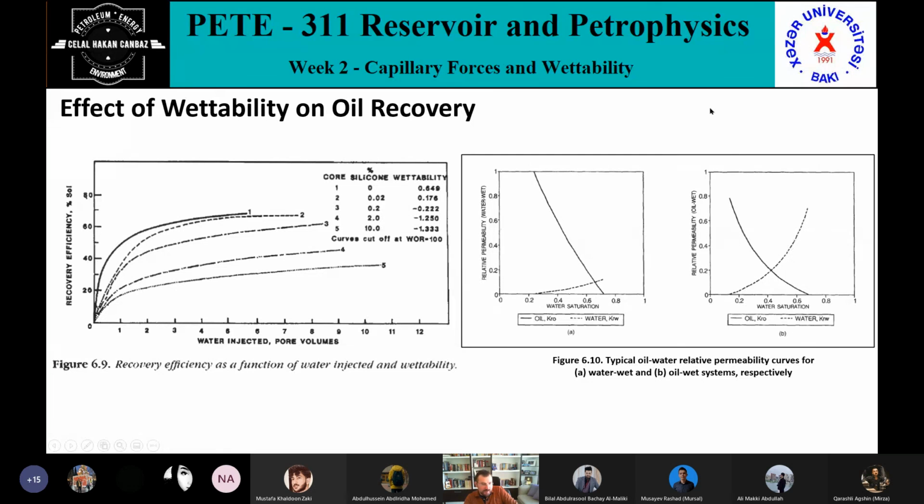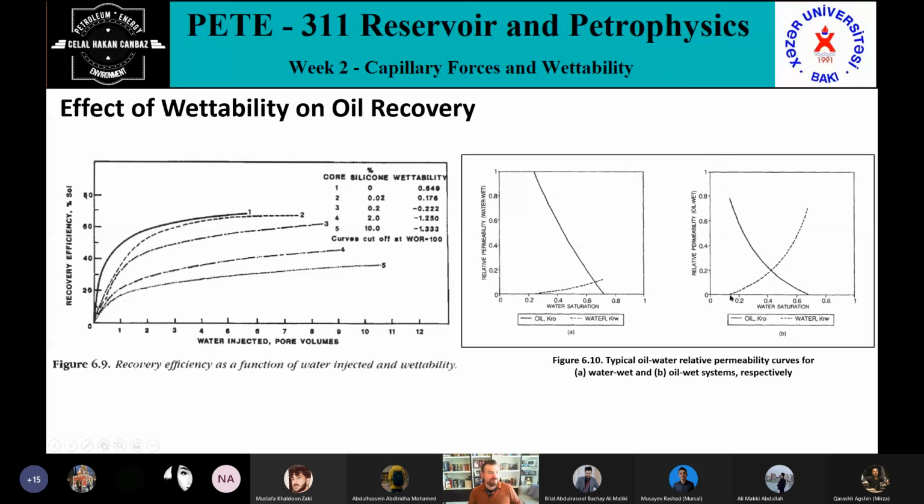How do I understand that the first plot is water wet? From the line which starts after 0.2. You said this one starts after 0.2, and this one started before 0.2.